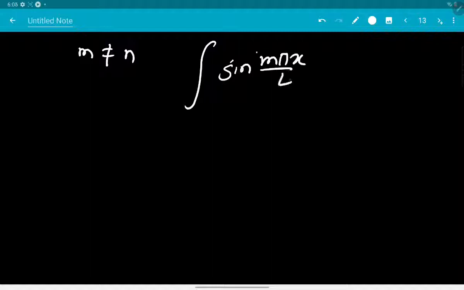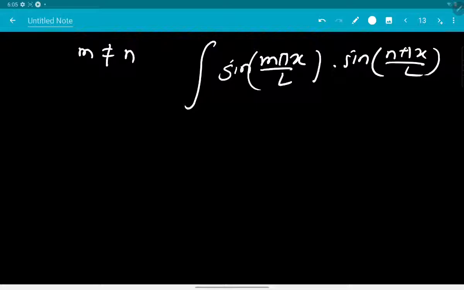So if m is not equal to n, then the integration of sine m pi x by L into sine n pi x by L is going to be equal to 0. This is for sure, and you can just give it a try.